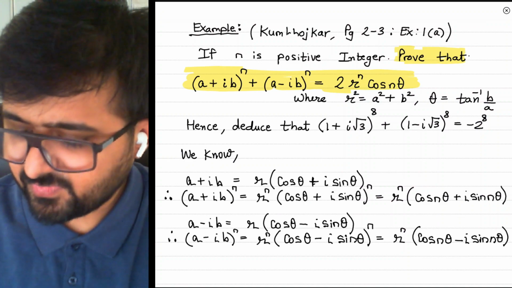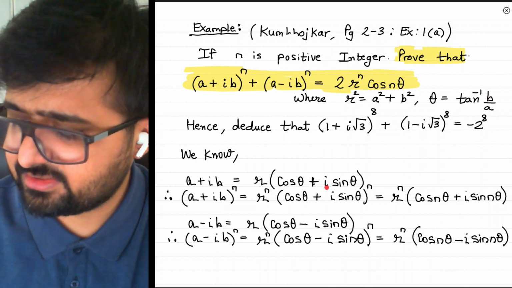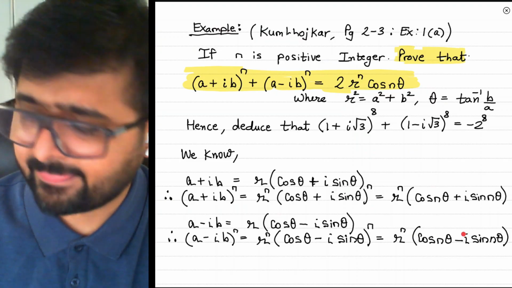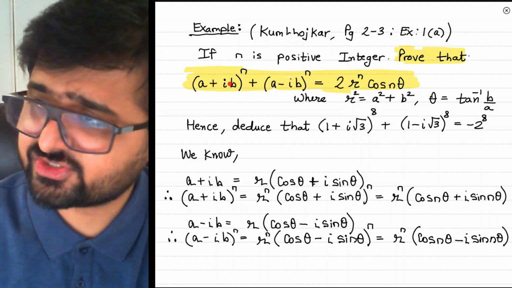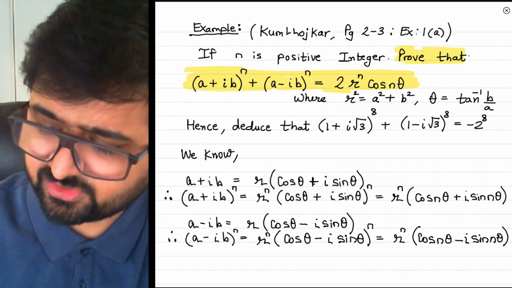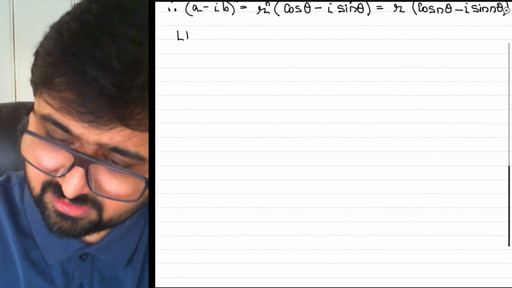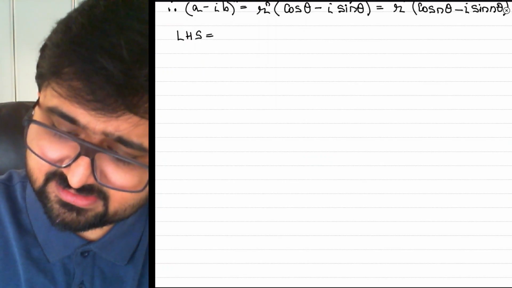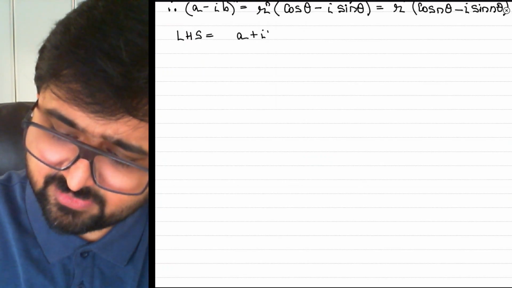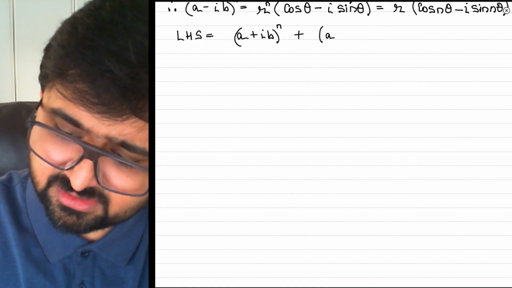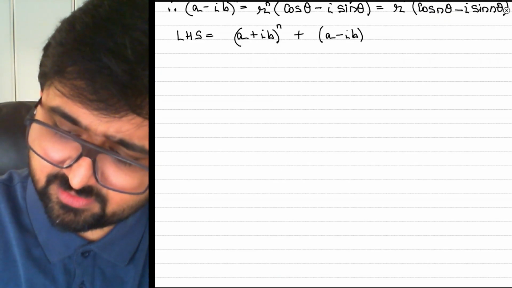Okay, so (a + ib) to the power n is this, (a - ib) to the power n is this. Now let's see, your LHS is addition of those two, right? So your LHS, your left hand side, is (a + ib) to the power n + (a - ib) to the power n.